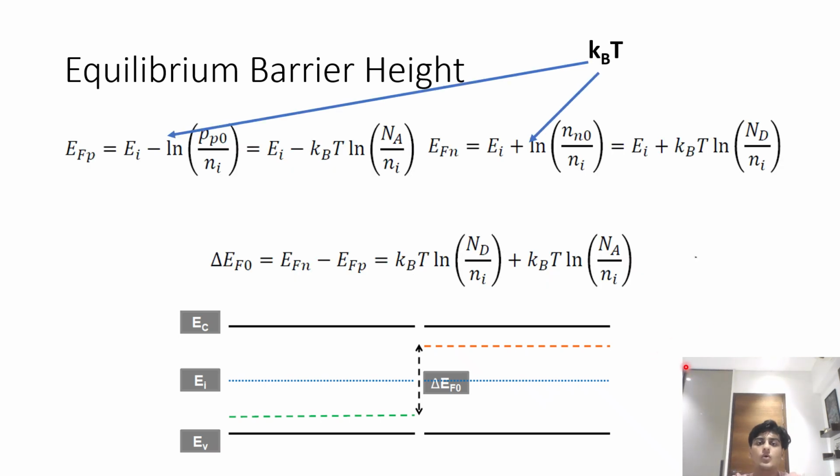So let's now go ahead into calculating this difference in Fermi levels. We are just going to use the formulas that we calculated in the equilibrium carrier statistics video. You can go and watch it. I think it was module 3.2 if I'm not mistaken.